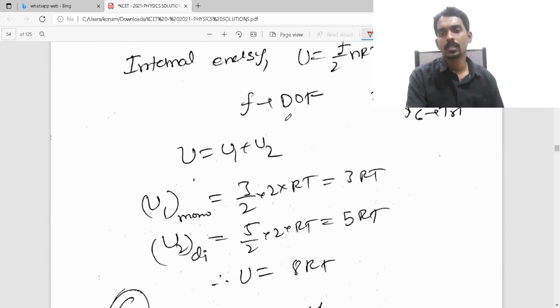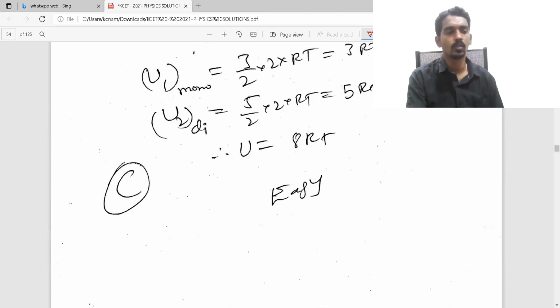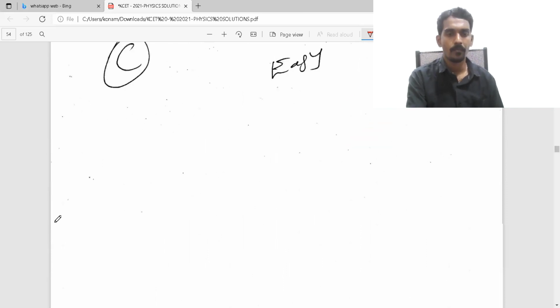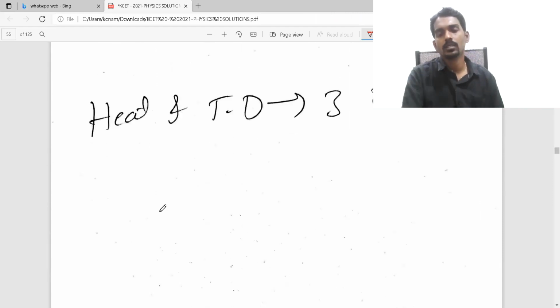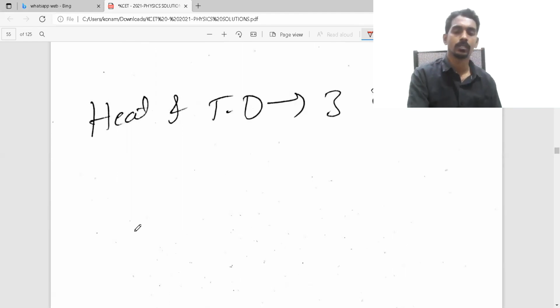So three types of gases will be there: mono, di, tri. For each one the F value you know, so you can substitute and solve it. So for mono how much, for di how much, then total how much. So here three questions are there based on heat and thermodynamics.